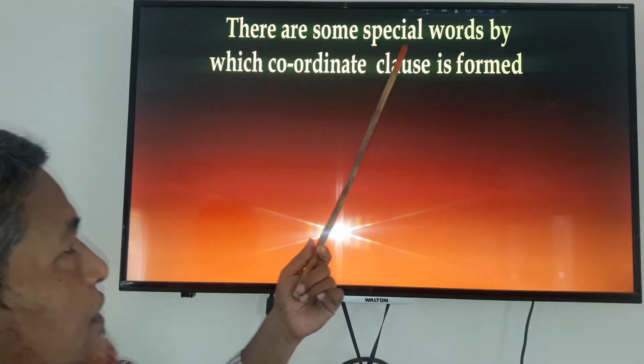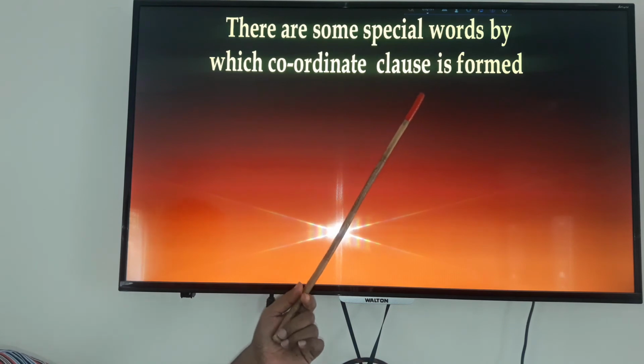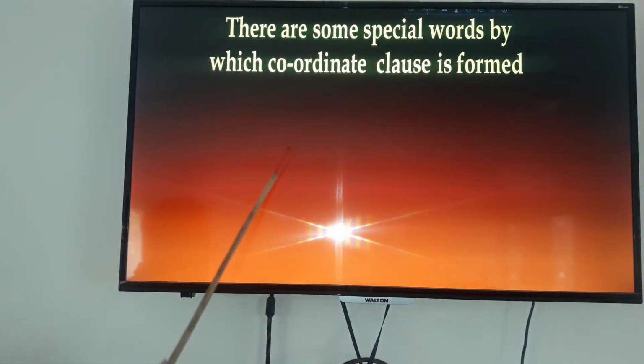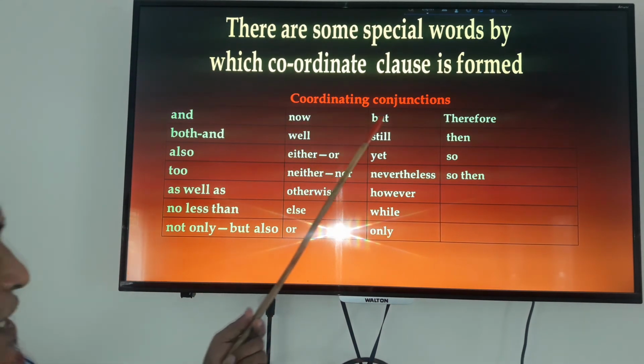There are some special words by which a coordinate clause is formed. These are coordinating conjunctions. Here is the chart of coordinating conjunctions.